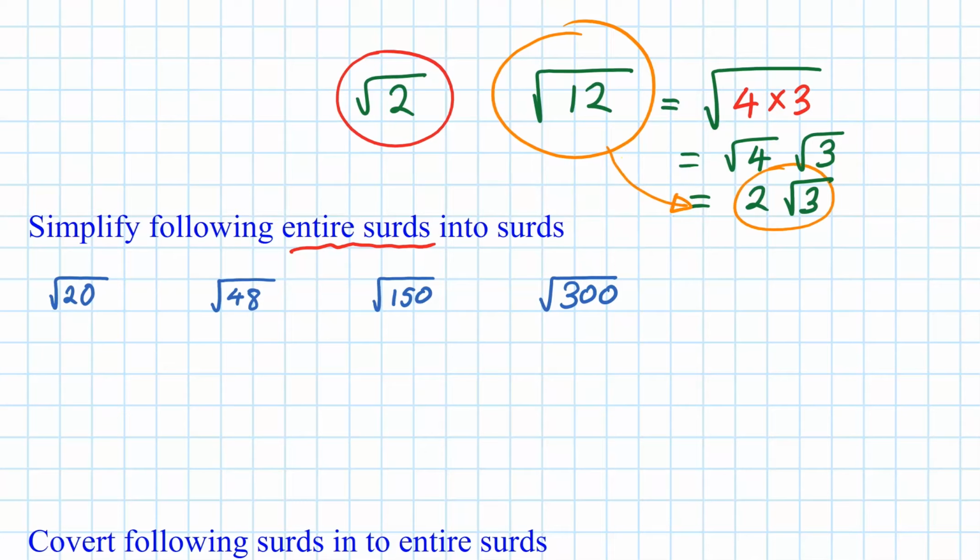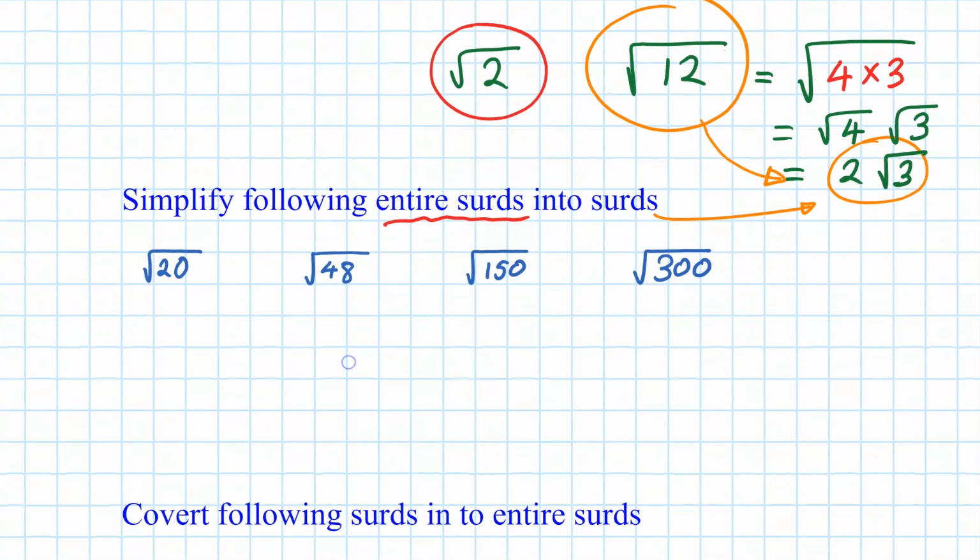Therefore, if I have the full number inside this hat or the radical sign, we call this an entire surd. So here we have entire surds to be simplified into surds like these ones. Okay, let's have a look.